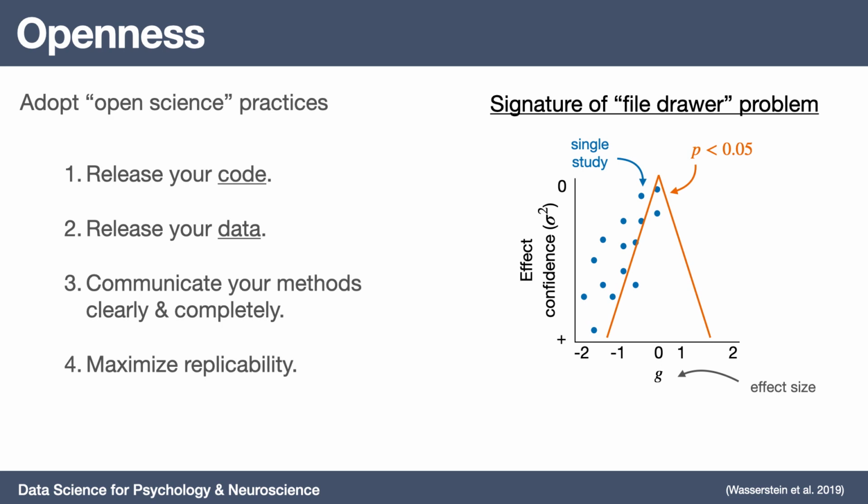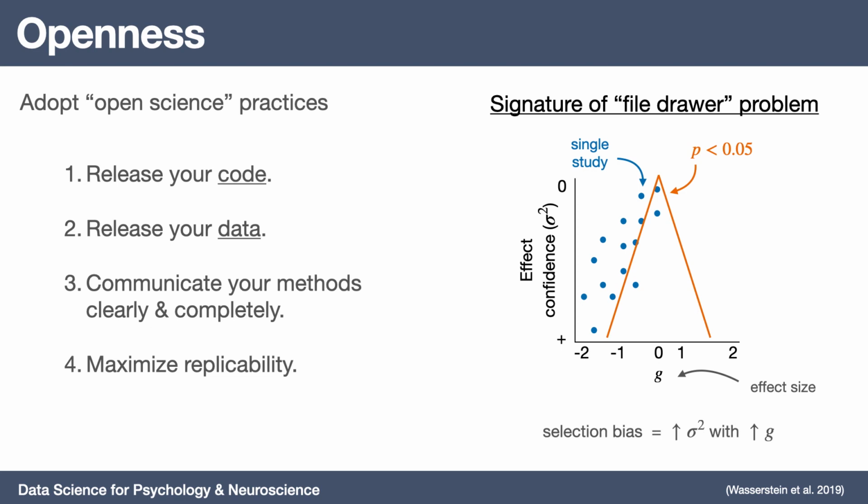Now, a real effect, because of regression to the mean, will sometimes be statistically significant and sometimes won't. The more times you point out that studies sit outside of this cone of significance, the more likely you're going to be seeing basically selection bias.